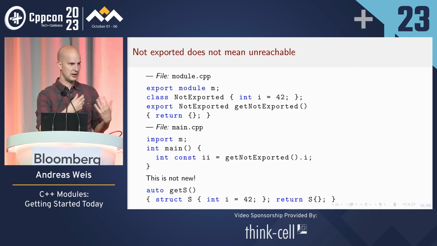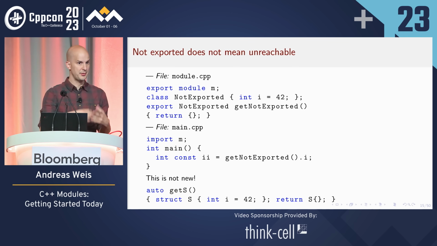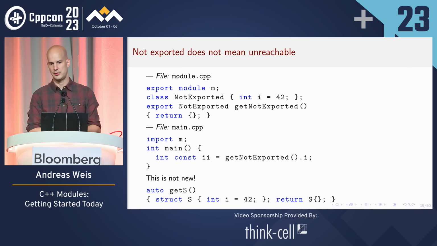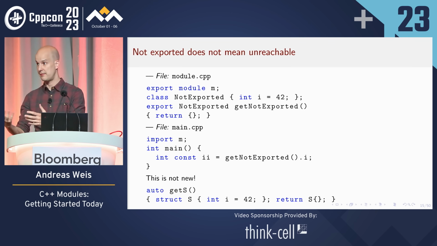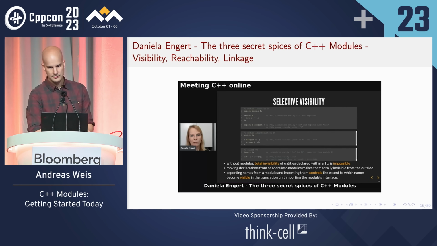Clients of this function are able to use this data type, but they don't know its name. They cannot refer to it by name. You see this often used together with lambdas being returned from functions, right? Because with lambdas, you have this general problem that you cannot name the type. So if you've used code like this before, then that hopefully shouldn't be too daunting to you.